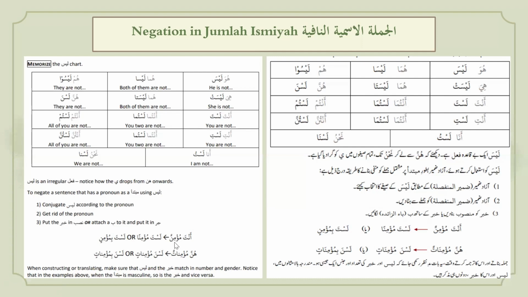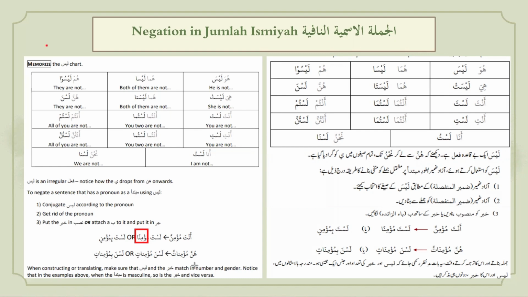In the positive, assertive sentence, the khabar is marfu, anta mu'minun. But when you negate it, you use lasta, and then the khabar becomes either mansub, lasta mu'minan, or with ba zaida, bi mu'minin. So this is ba zaida and mu'minin is khabar majroor.